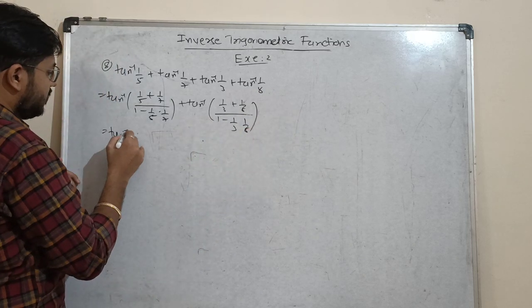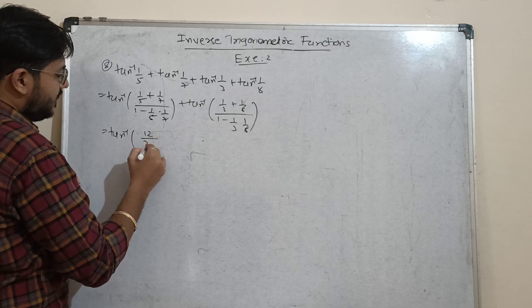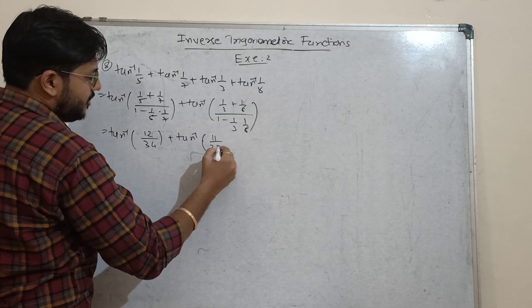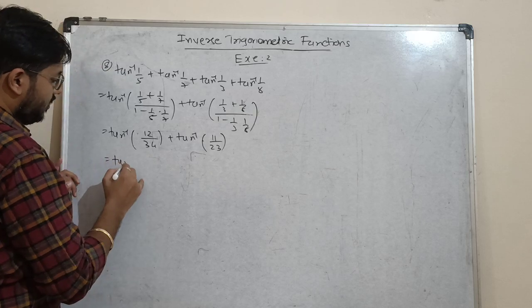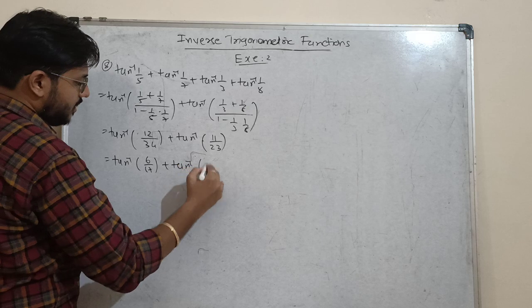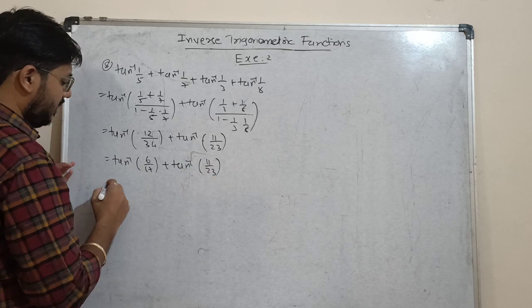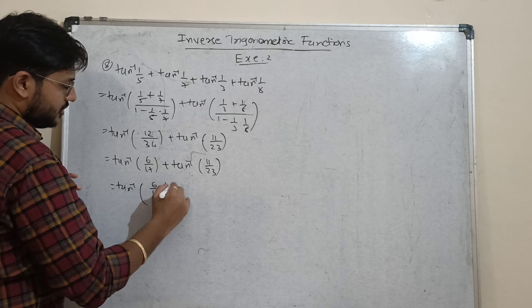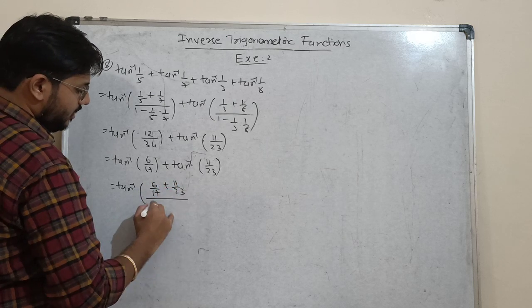So it's tan inverse 12 by 34 plus tan inverse 11 by 23. So tan inverse 6 by 17 plus tan inverse 11 by 23. So let us apply the same equation between these 2 terms also. 6 by 17, 11 by 23.